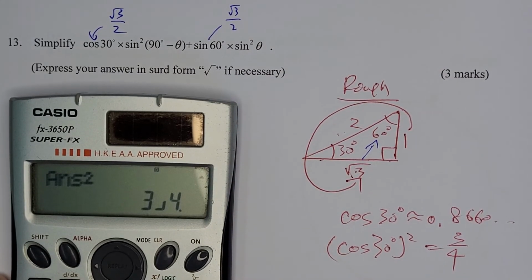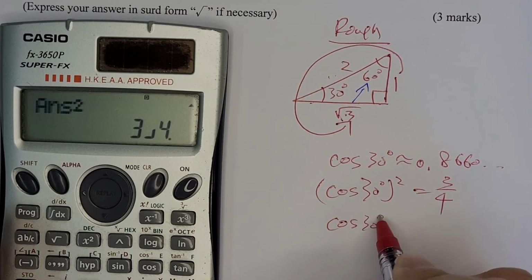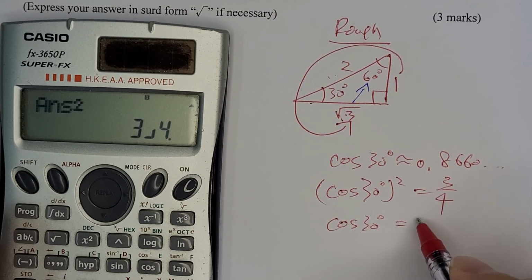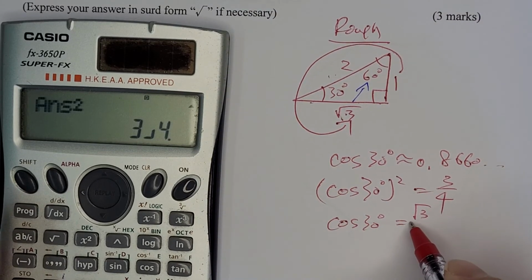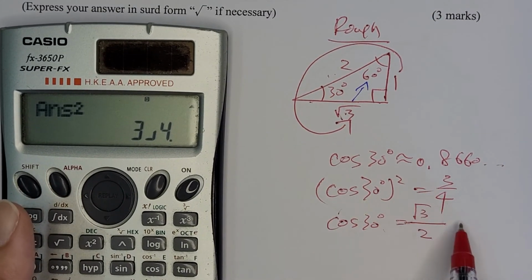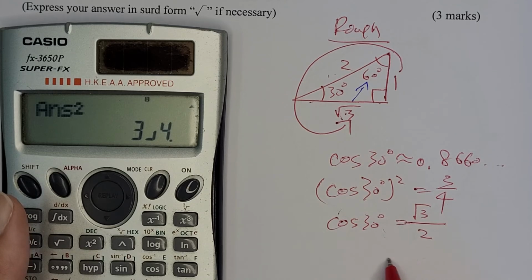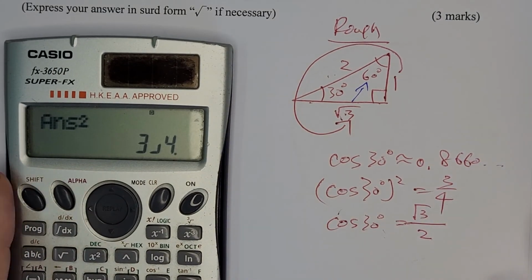So how to get back cosine 30 degrees? You just take the square root. So square root 3, of course you cannot simplify. How about square root 4? That's 2. That's the way to use a calculator to get back the surd form of cosine 30 degrees. It also works for other special angles.